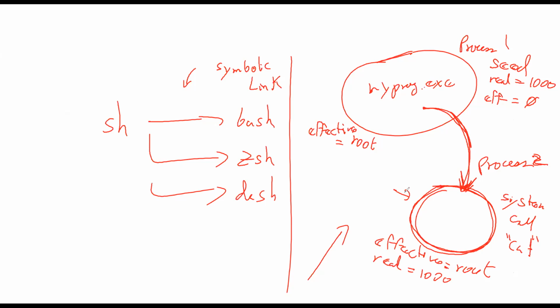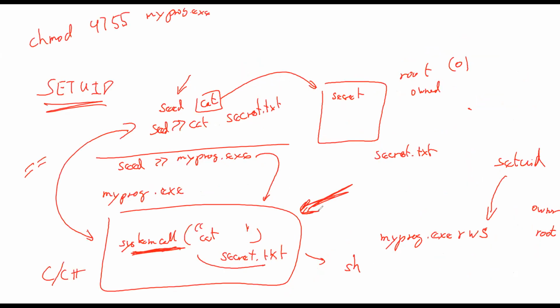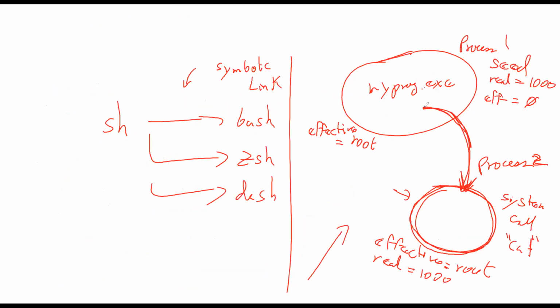That's what this is simulating very simply. So that's why we are now able to read the file, because whereas before we ran this cat and it didn't work, now we're running this cat in the context of the fact that it spawned from a root ID program. Do you see that, guys?